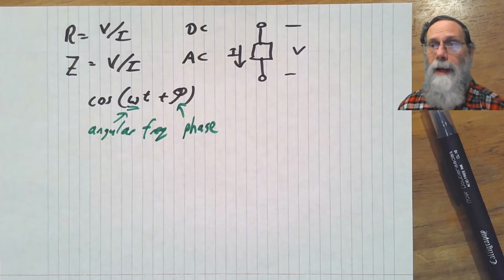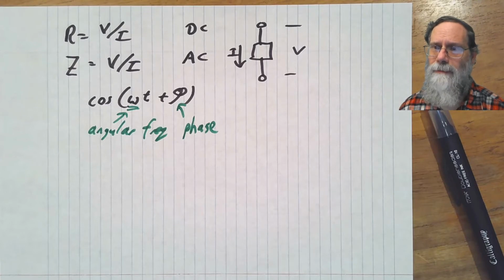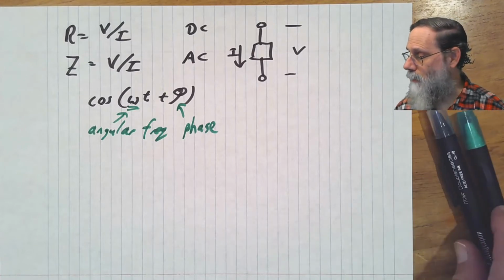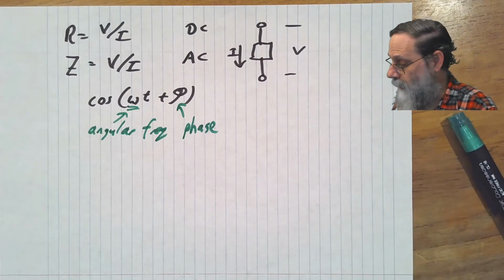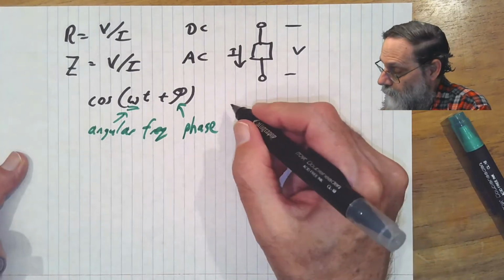Okay, so that's our general form of a sinusoid, except I hate trigonometry. And there's no real need to do trigonometry because we can write cosine in terms of exponentials.